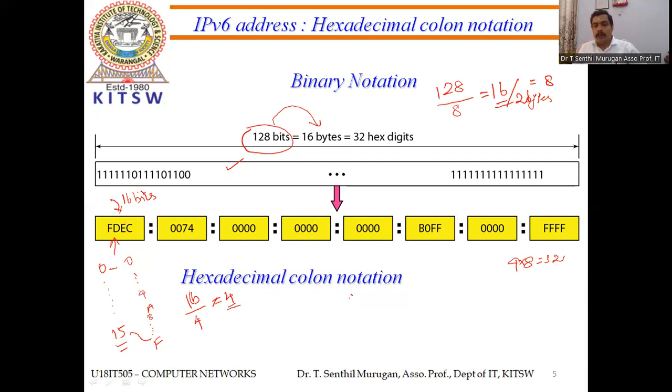So 4 bits represent a hexadecimal digit, and 4 hexadecimal digits represent each block, totally 16 bits. Then there are 8 blocks in total. Each block is 4 plus 4 plus 4 plus 4, 16 bits.